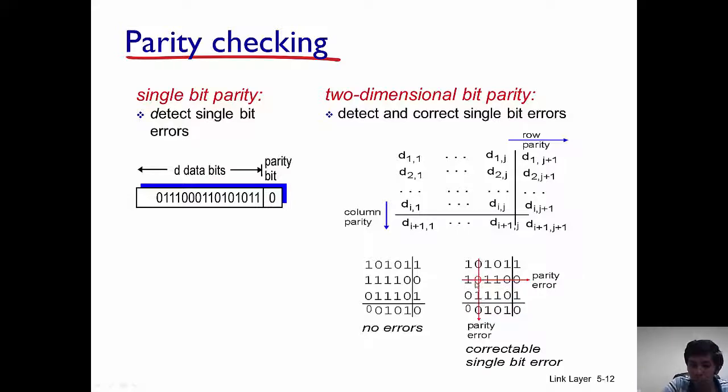In this case you've detected that the error is here, and as a bit can only take two values, 0 and 1, you know that the actual value that was transmitted is 1 and not 0. So using two-dimensional parity, you can correct single bit errors as well.